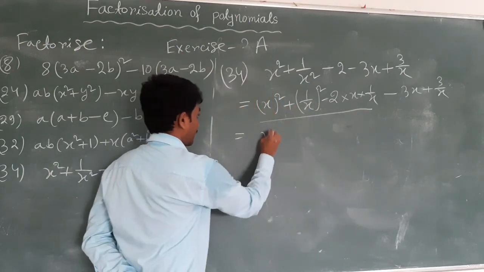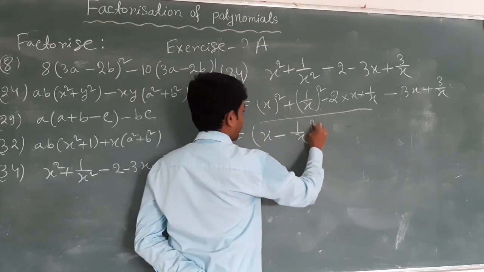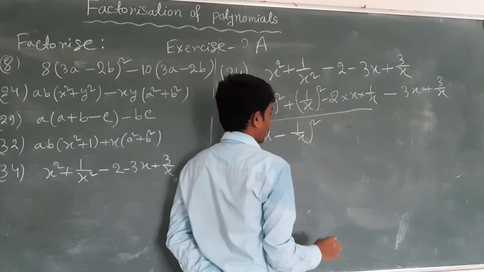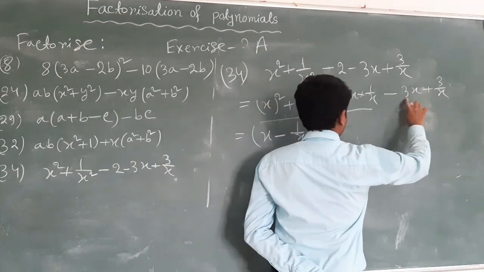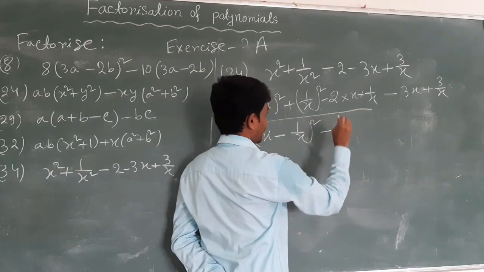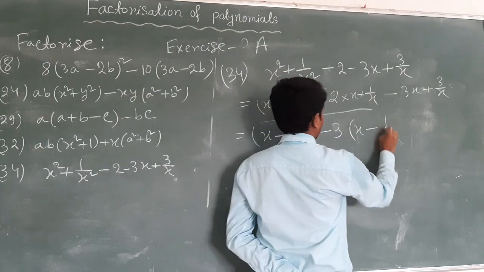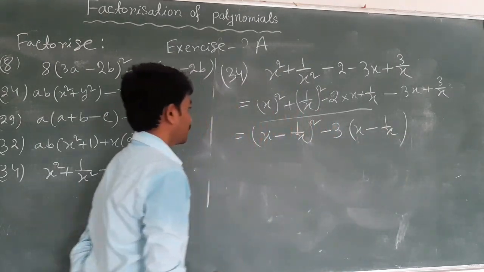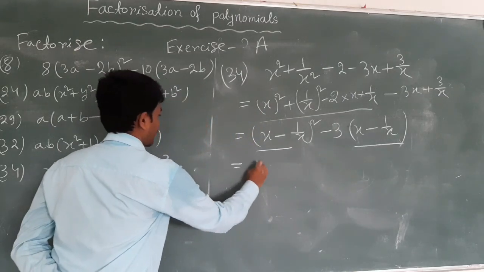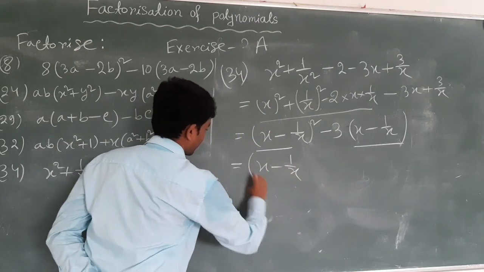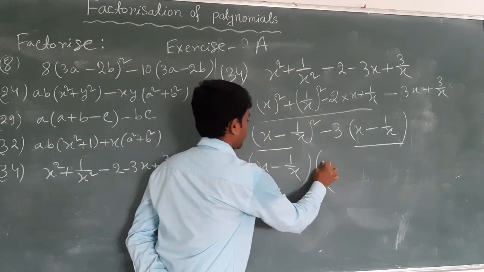So a minus b whole square. From these two terms, we can take out a as a common factor. So a into x minus 1 upon x. So from these two terms, we can take x minus 1 by x as a common factor, and the remaining will be 1.